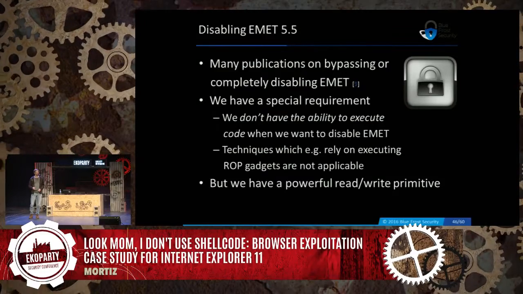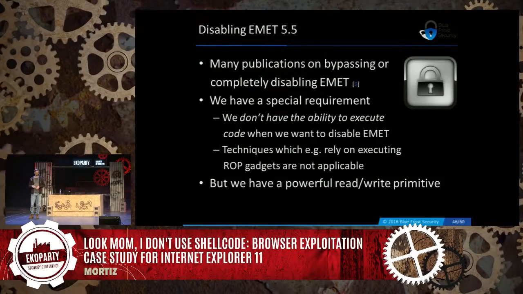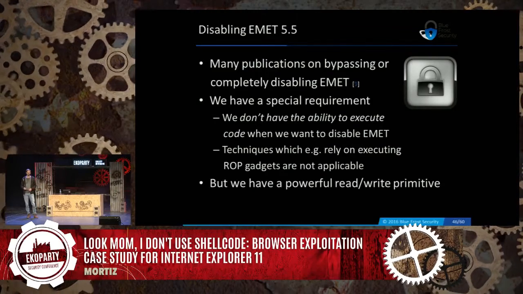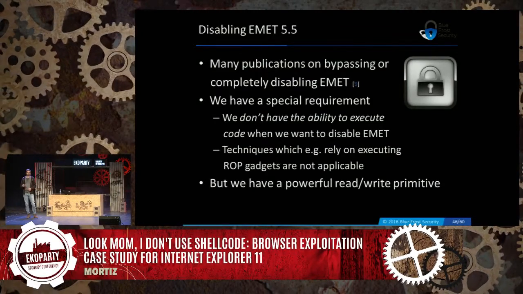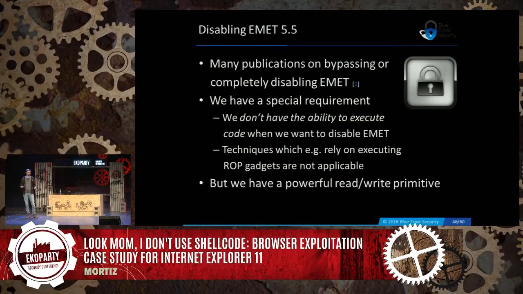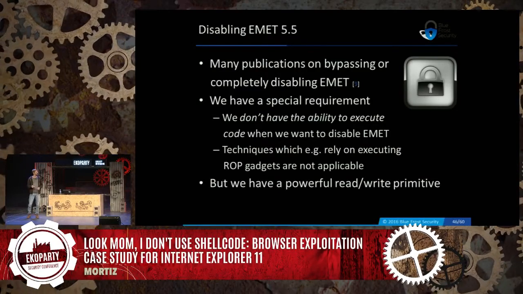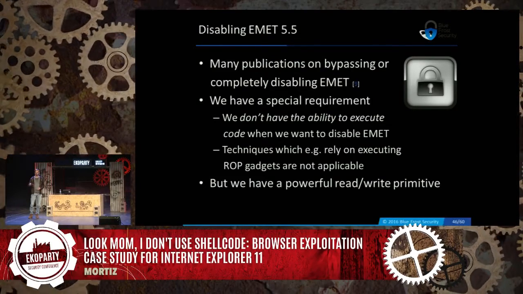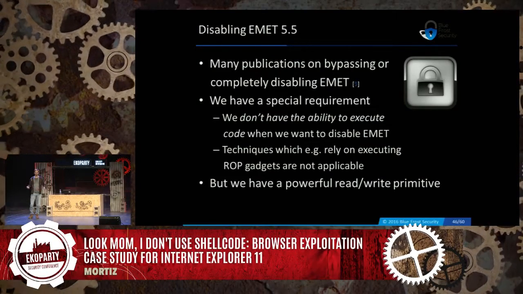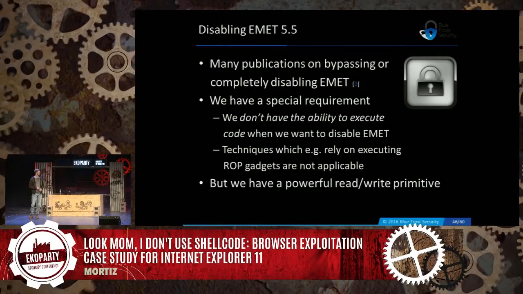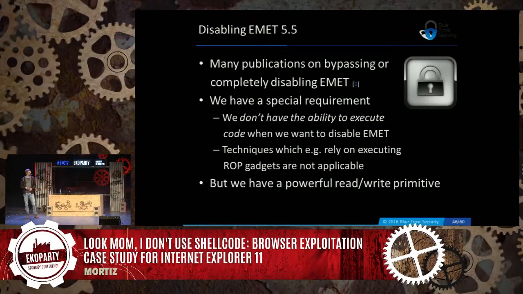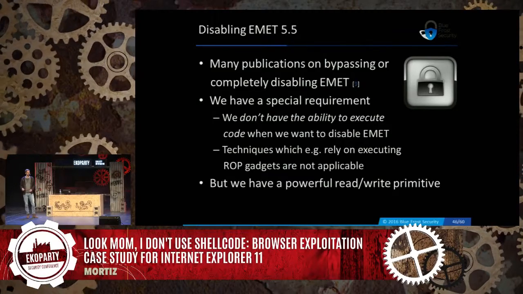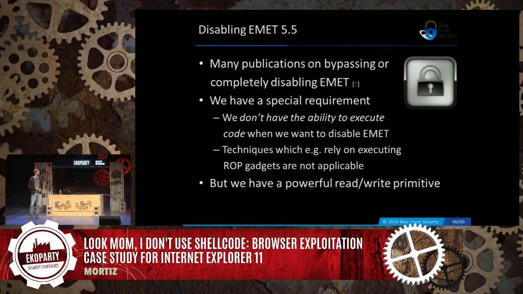However, compared to most of these techniques, we have a slightly different scenario here, because we don't have the ability to execute code before we disable EMET. Since EMET is detecting the loading of an ActiveX control, which we then want to use to execute code, we can't use any ROP gadgets, for example, to disable EMET. However, we have a really nice and powerful read-write primitive. So let's see if we can use that in order to turn off EMET.